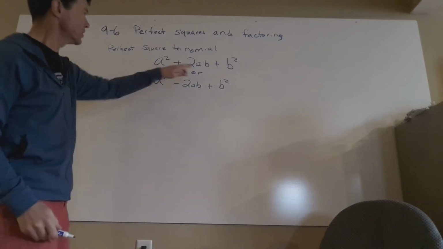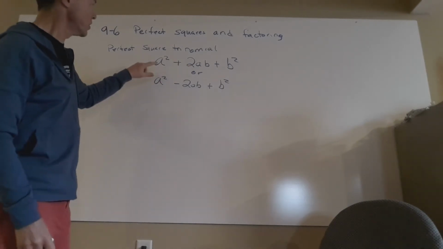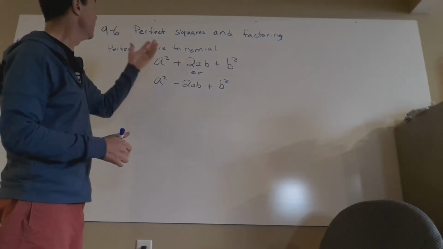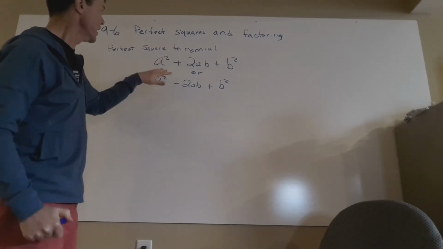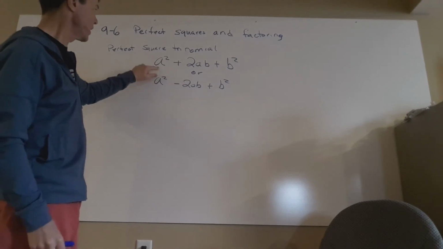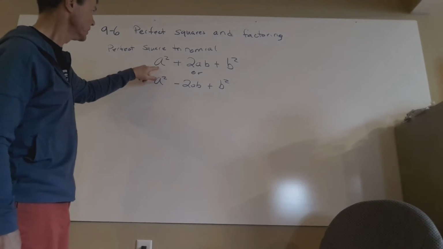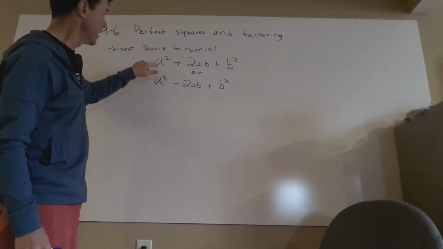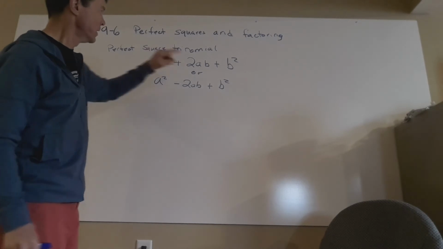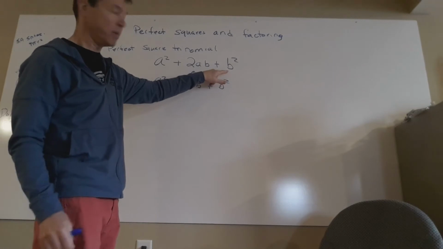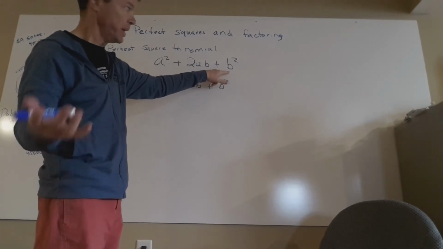If I take this first one, all I want to look at to see if it's a perfect square trinomial is whether I can factor it that way. I take the square root of the first term, a squared, which is a. The last term is b squared, and the square root of b squared is b.